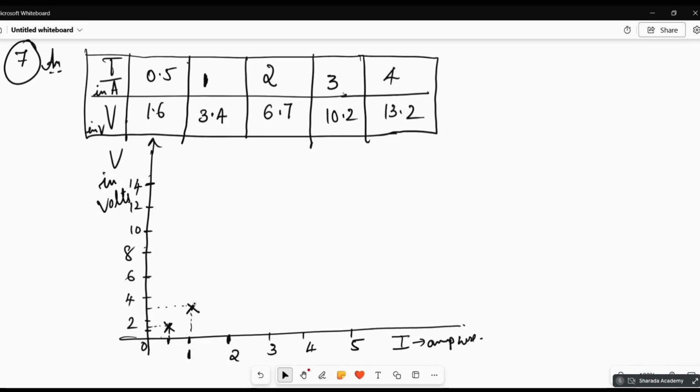Then mark 2 and 6.7. Then 3 and 10.2. Then 4 and 13.2.